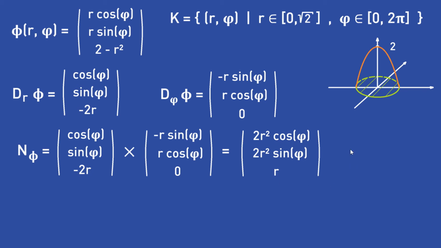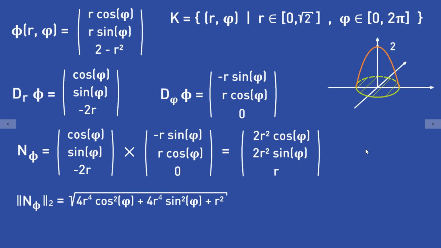Now we have to calculate the norm of this normal vector here. So the Euclidean norm of this vector here is equal to the square root of the first entry squared plus the second entry squared plus the third entry squared. This is equal to that here, because the cosine squared plus the sine squared is equal to 1.